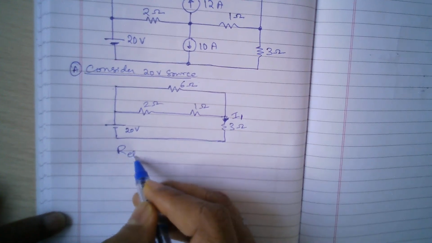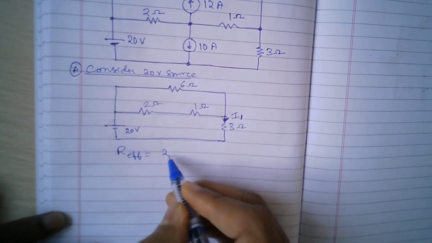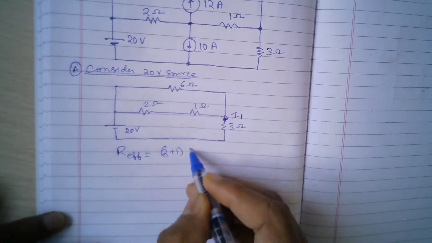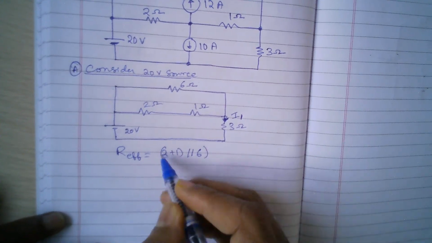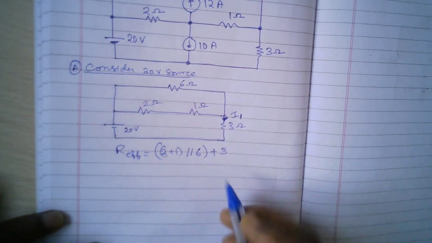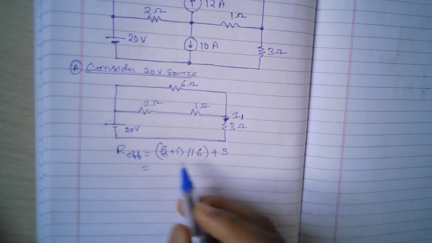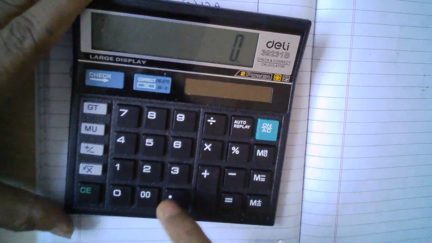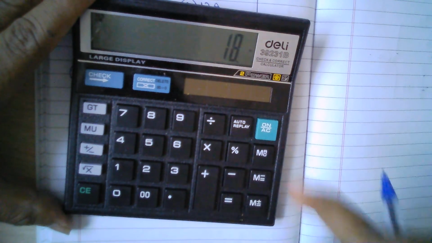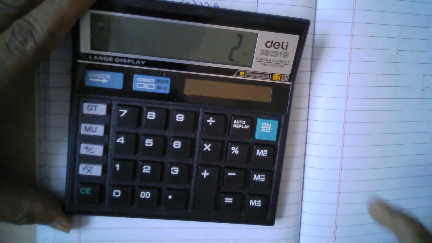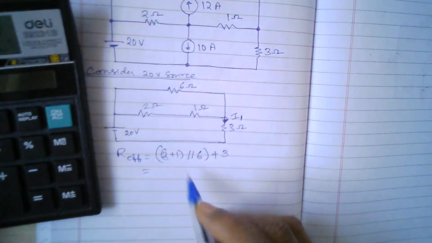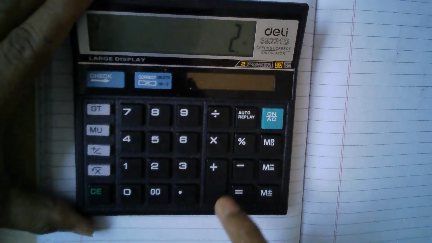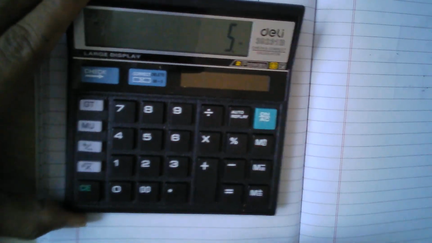Now 2 plus 1 is 3 in parallel with 6. That is nothing but 6 into 3 divided by 6 plus 3, that is 9. So I am getting 2 ohms. So this part is 2 ohms. Again plus 3 is my total resistance, that is 5 ohms.